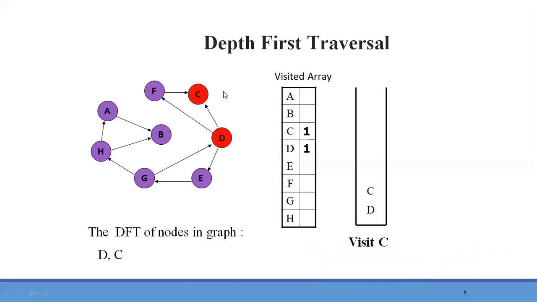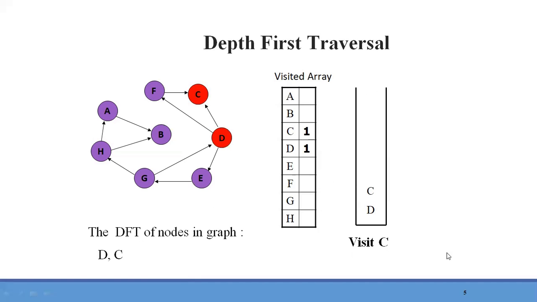Along with this, node G is also adjacent, but we can't consider this node as there is no direct path from node D to node G. The arrow is in the opposite direction. That means there is a path from G to D, but no path from D to G. So we can't consider this.